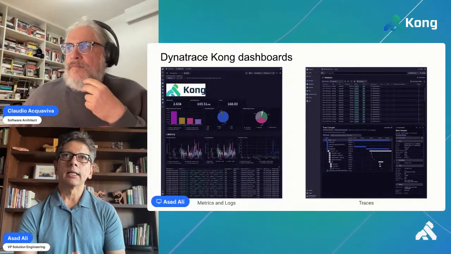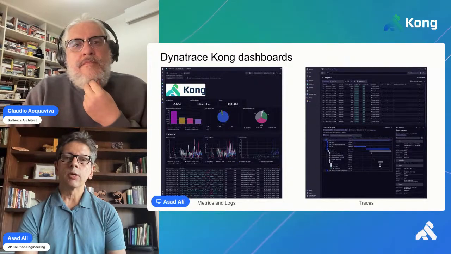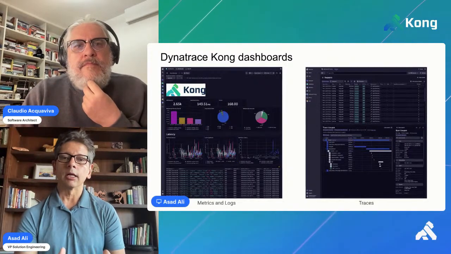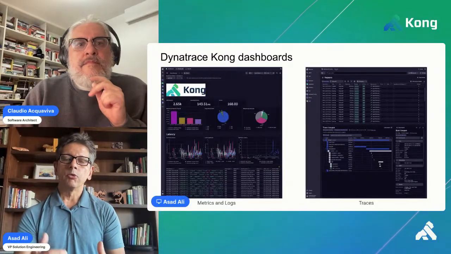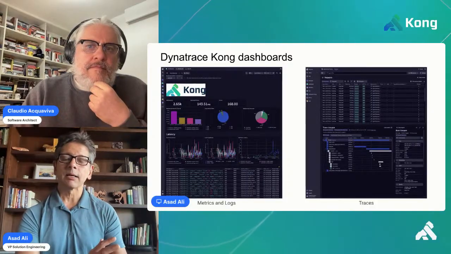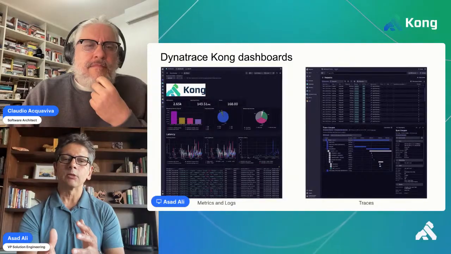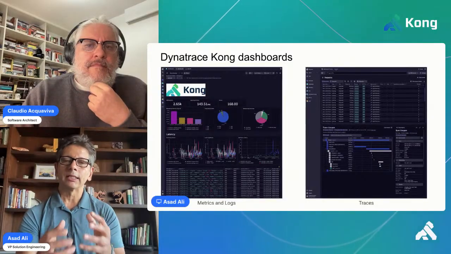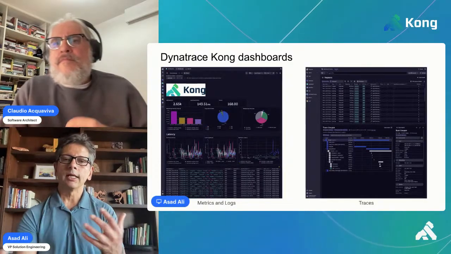So the idea here is that Dynatrace is able to get end-to-end visibility into all your transactions. You want to know what role your backend services are playing compared to your Kong API gateway, and to really figure out whether there's a latency issue or some errors going on, which layer is having the issue.